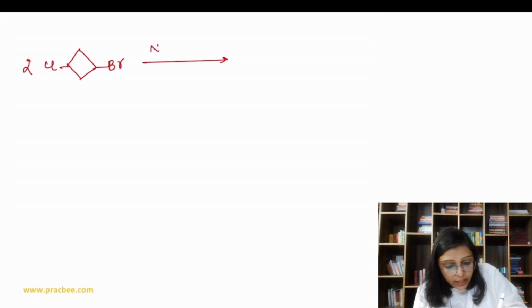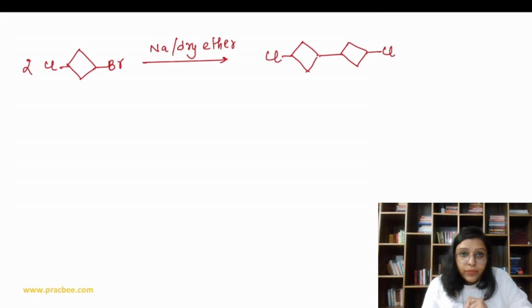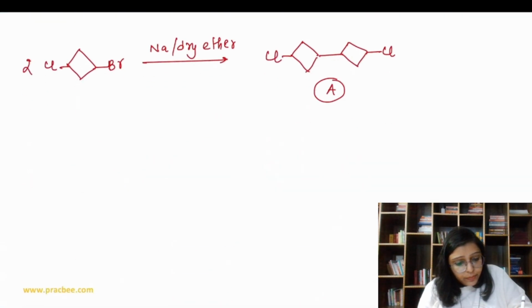So after this, with Br and Na in dry ether, we get this compound. Let's join from here. So here we write Cl and here we write Cl. Okay, so this is going to be the first compound. A compound is this.